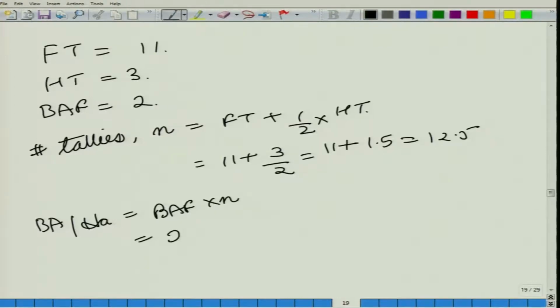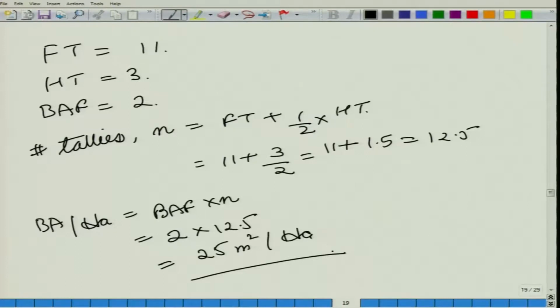So here BAF is 2, times 12.5 is 25 square meter per hectare. So this is how we calculate the basal area density of a stand if we have the basal area factor and the number of trees in full tally and in half tally.